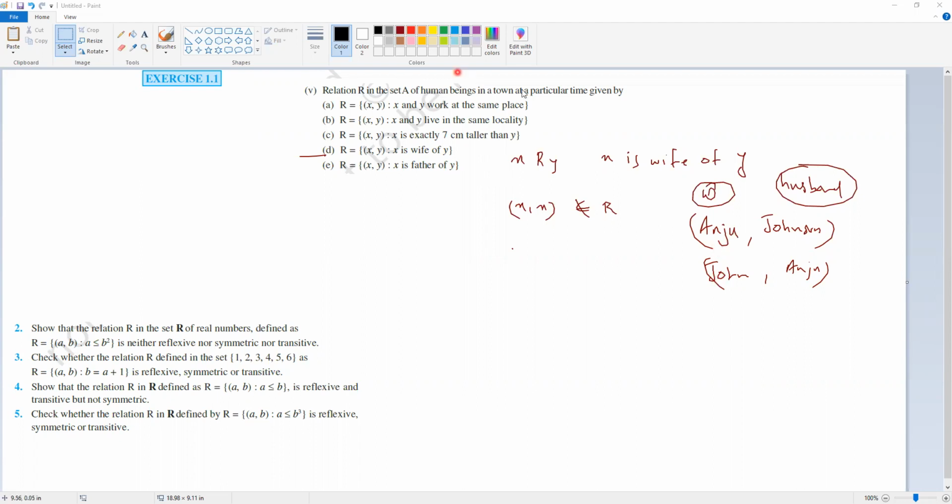अभी transitivity है क्या? x related to y, y related to z. That is x is wife of y and y is wife of z. That's the meaning, na?